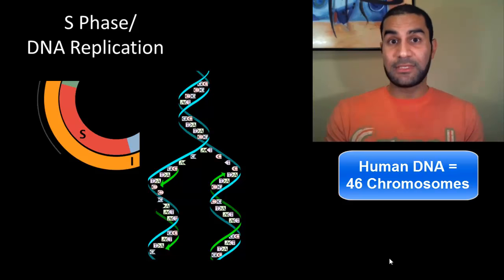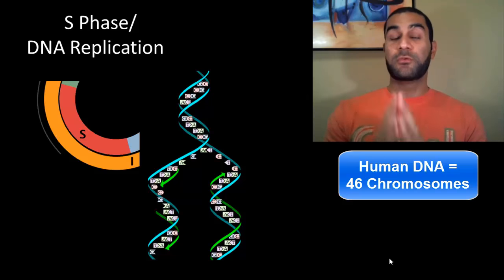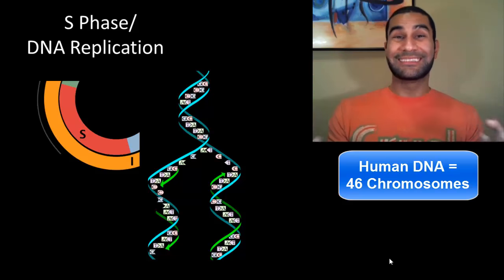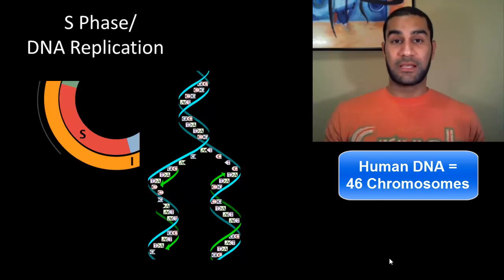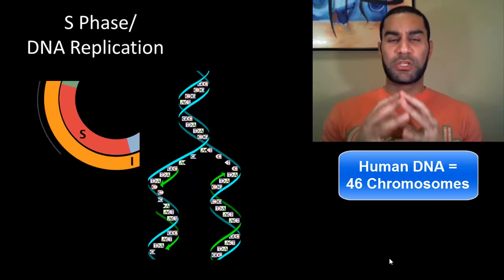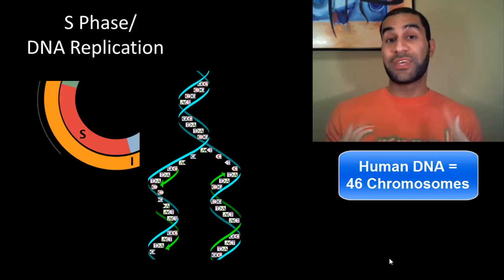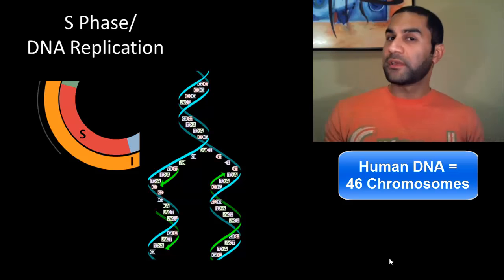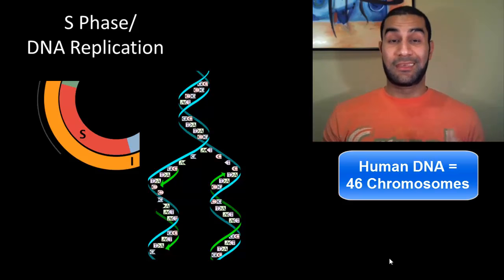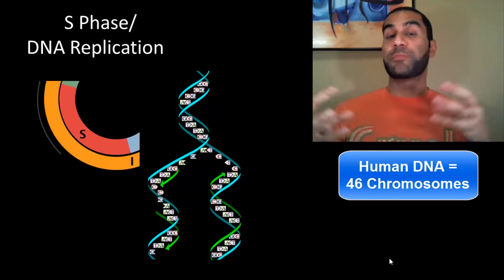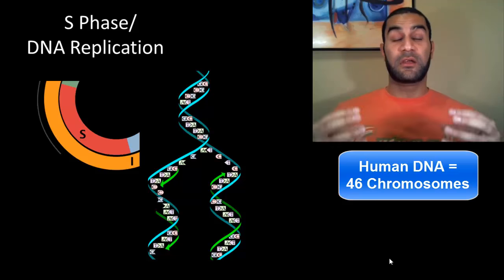You're pulling the same DNA every single time you're making new cells, and every single time you're making new cells, you have to have the exact same DNA in each one of those cells. So let's just think about this mathematically. You're going to start with that zygote that has 46 chromosomes in its DNA, right? Rather than continuing with this number 46, a lot of times geneticists break down the 46 chromosomes into an algebraic formula where they use the letter N. The letter N represents what each parent contributed in their sperm or their egg.